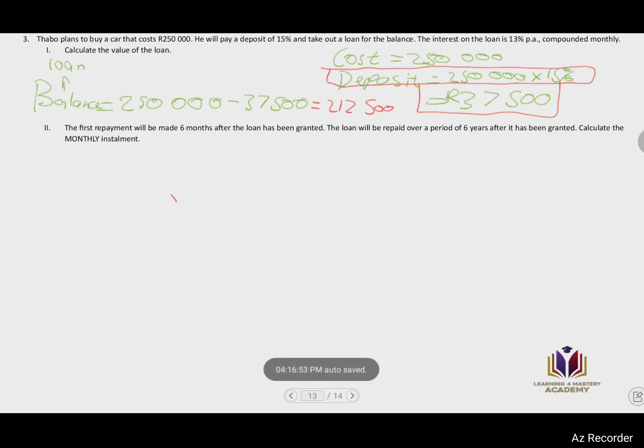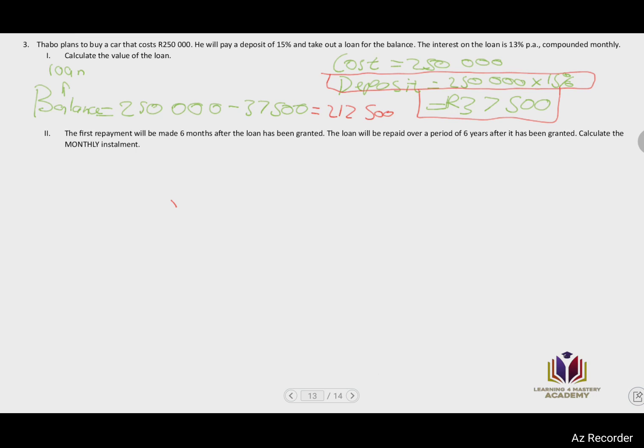So you subtract the deposit from the cost, which gives you 212,500. That is your loan amount. The loan is how much you are going to borrow after the deposit has been paid. I hope that makes perfect sense.